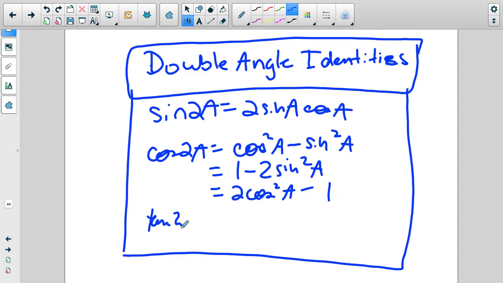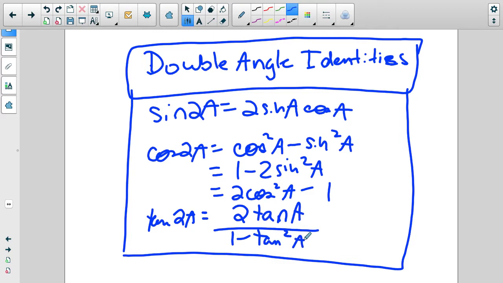And tan 2A is derived the same way, but I don't require that you memorize it. Not that I wouldn't ask it, but if I do, I would put sine over cosine. Tan 2A is 2 tan A over 1 minus tangent squared A. So I don't know if that is too messy.